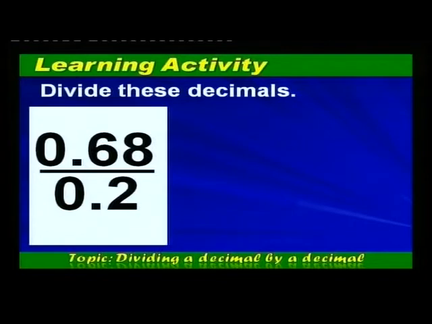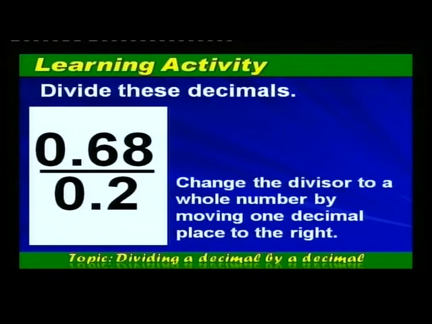So you can see this is the dividend and this is the divisor. The next step, you change the divisor to a whole number by moving 1 decimal place to the right.